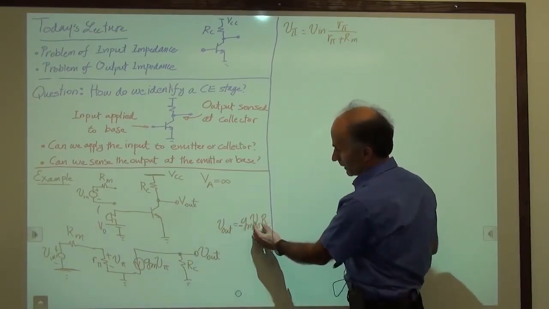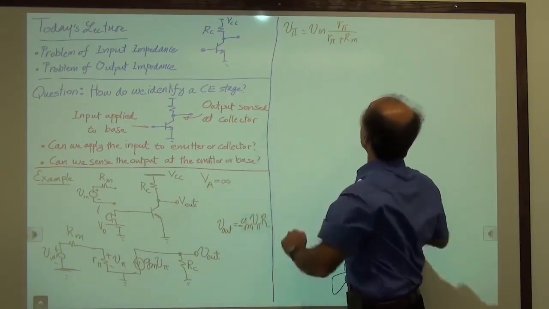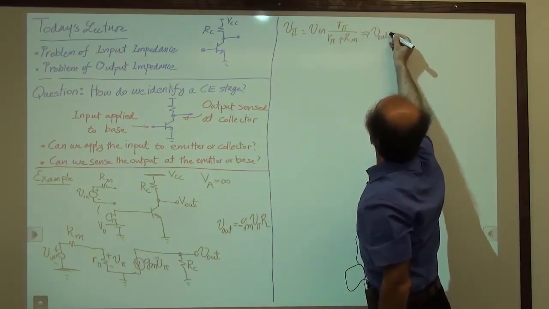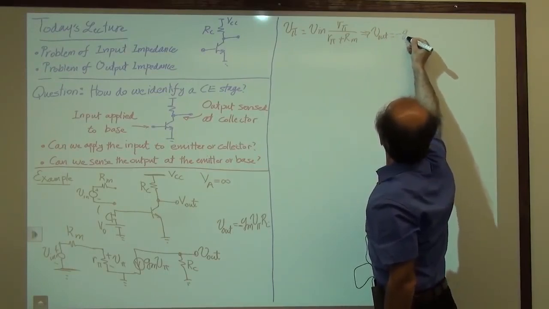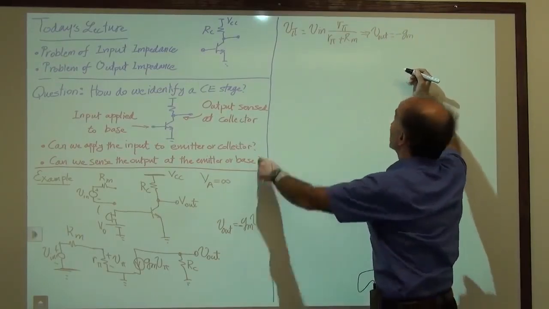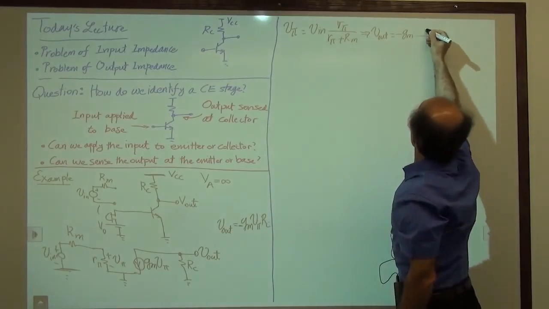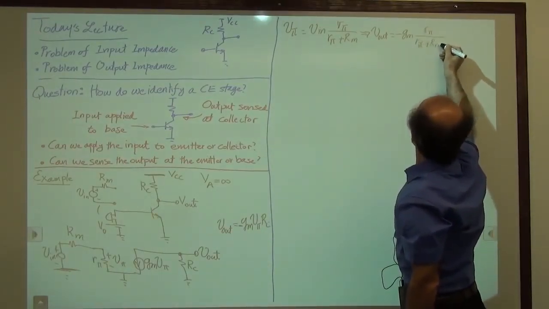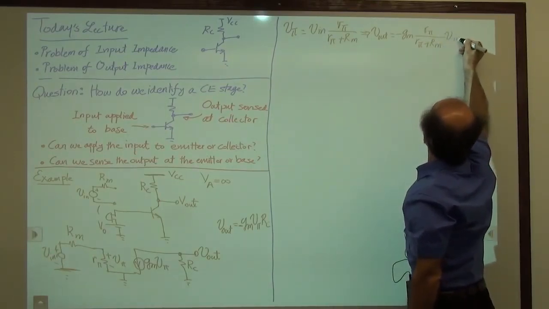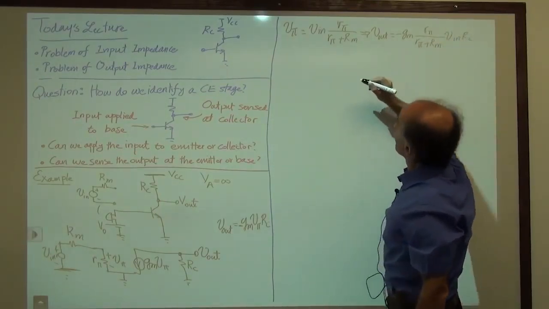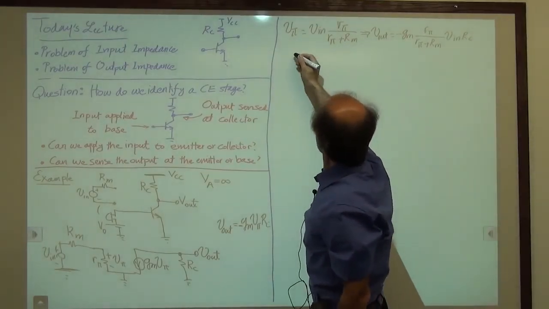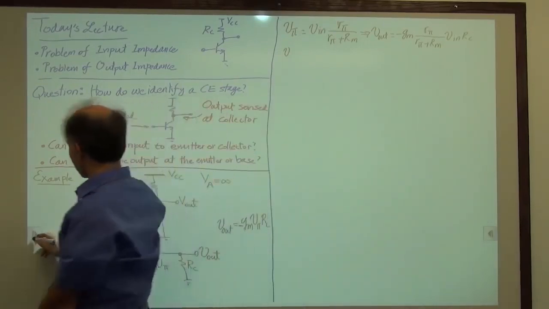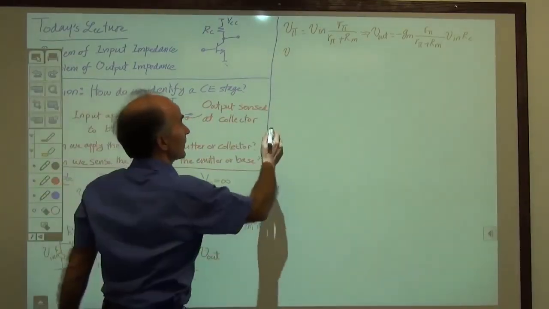So now I replace V pi with this equation, which tells me V out is equal to minus Gm times R pi over R pi plus Rm times V in times Rc. And that tells me something right away.